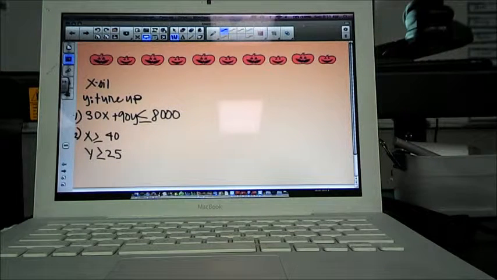And the oil is greater than or equal to 40 because you have to have at least 40 oil changes. And the tune-up is greater than or equal to 25 because you have to have at least 25 tune-ups.